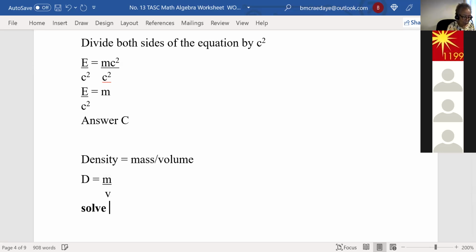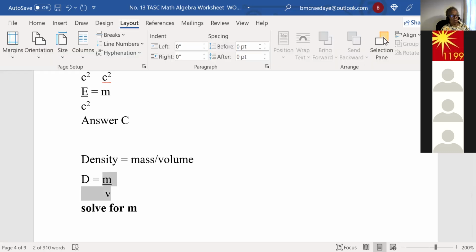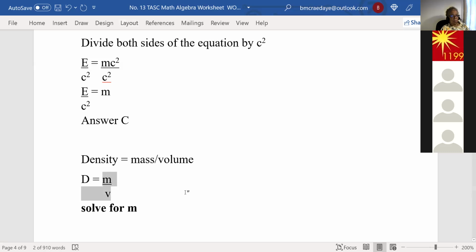Solve for M. How would you solve this for M? So therefore you have to do the opposite. Yeah, it's a division, right? So what would you do to this equation just to get M left? So you have to multiply. That's right. What would you multiply by, Vanessa? Oh, I know, by the V. Yeah, by the V.